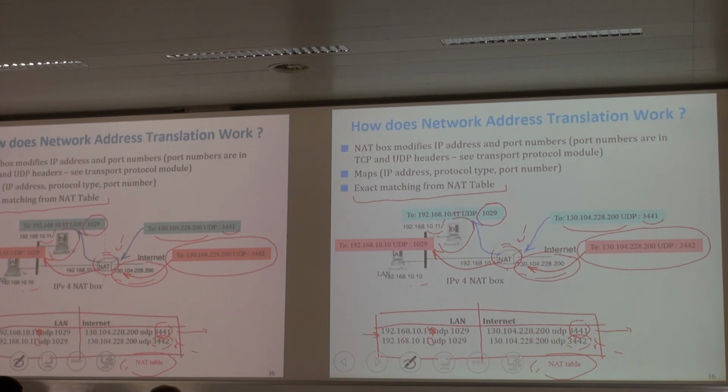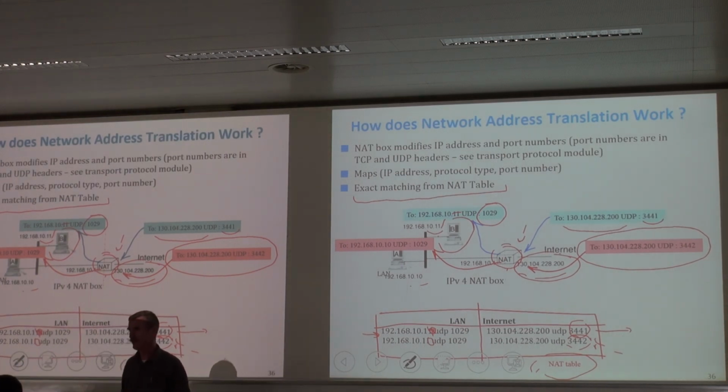And then there's a UDP header. Inside the UDP header is a standard format. We know where in the UDP header is the port number. So the NAT knows where to read the port number, just like your pretty print, when you do Wireshark, prints the port numbers. So the NAT does the same thing.